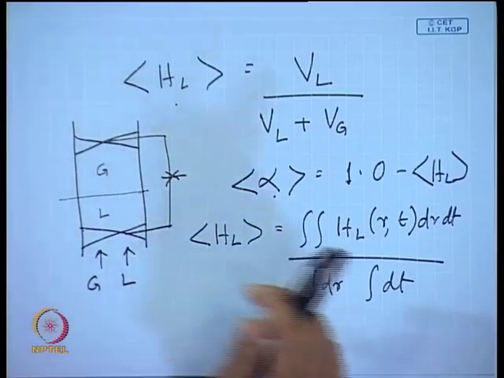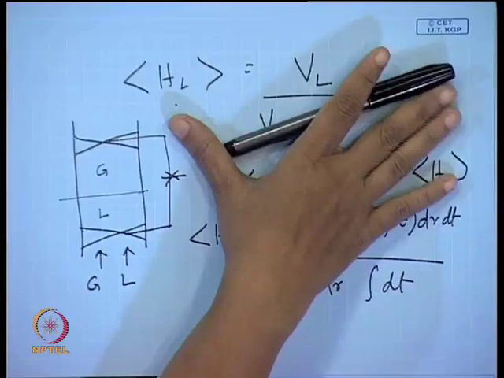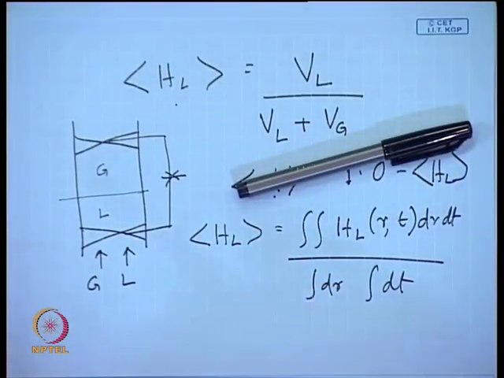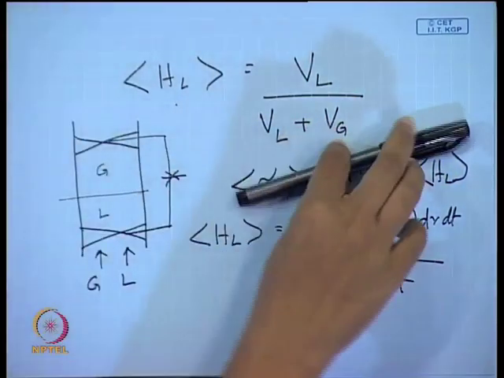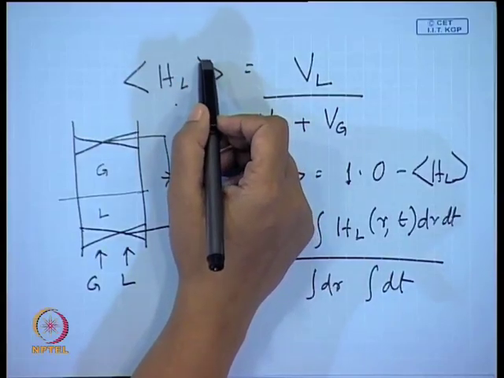Now remember one thing, that we have measured HL as the volume fraction of the total volume which is occupied by the liquid phase, or in other words we specify the in situ composition in terms of the volume fraction.